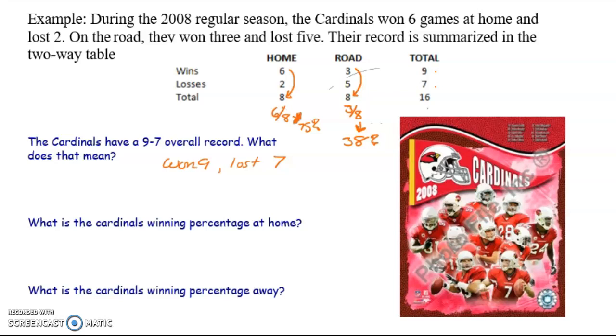So 75% represents the home winning percentage because they won 6 out of those 8 home games. 38% represents their road winning percentage because they won only 3 out of those 8 road games. So winning percentage at home, 75%. Winning percentage away, definitely decreased. So would you say they're a better home team? Based off this, probably so.